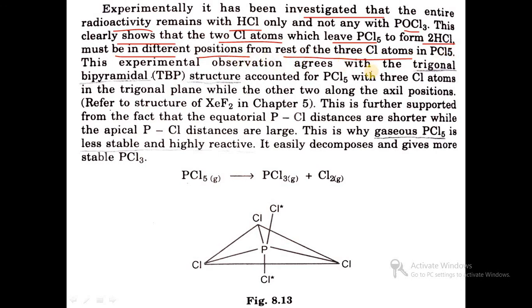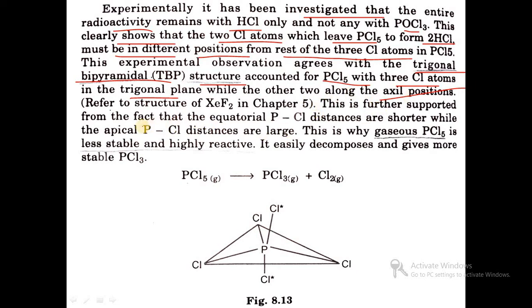This experimental observation agrees with the trigonal bipyramidal structure for PCl5, with 3 chlorine atoms in the trigonal plane while the other 2 are along the axial positions, that is 3 equatorial and 2 axial.